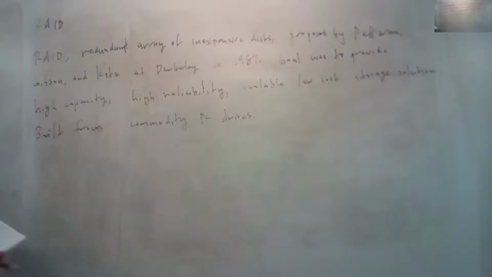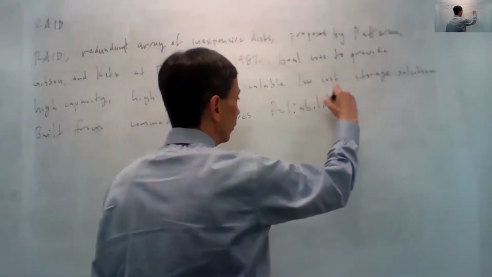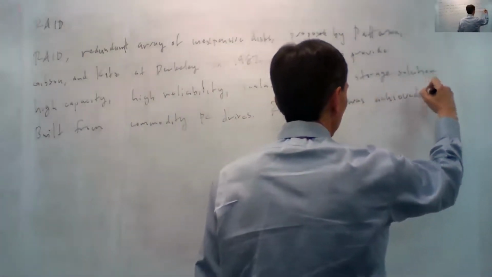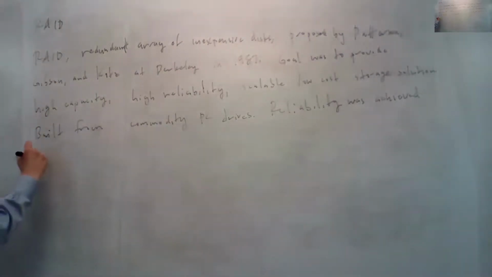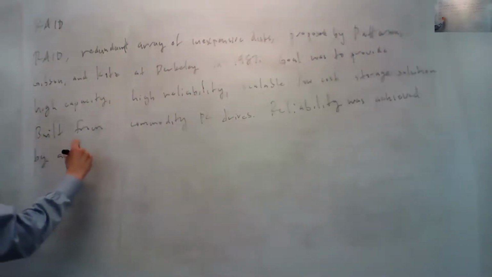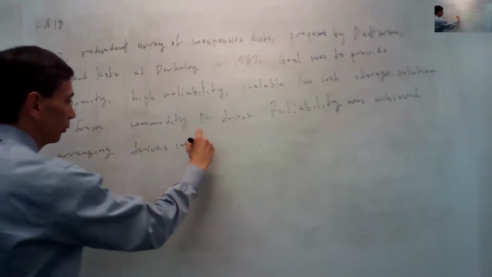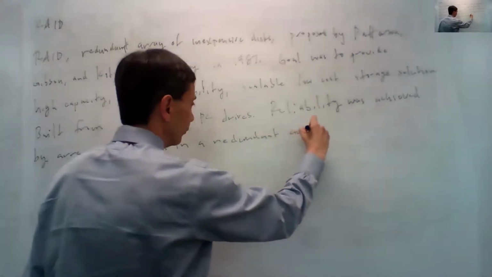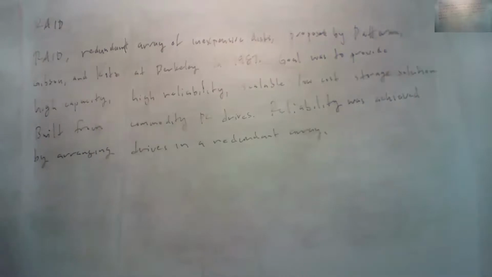So reliability was achieved by arranging the drives in a redundant array. So of course we had backup in the day, and you can imagine where did backup occur?